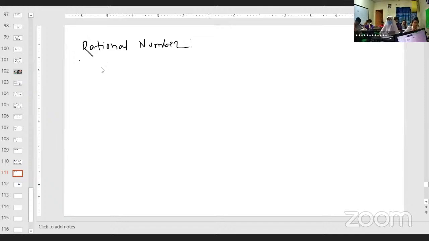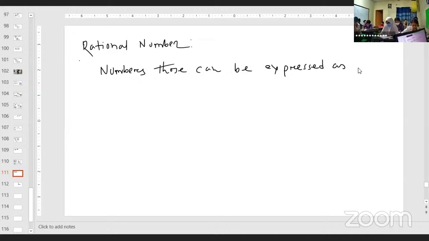Numbers those can be expressed as the ratio of fraction, the fraction of whole numbers.